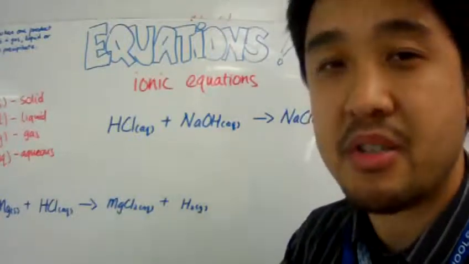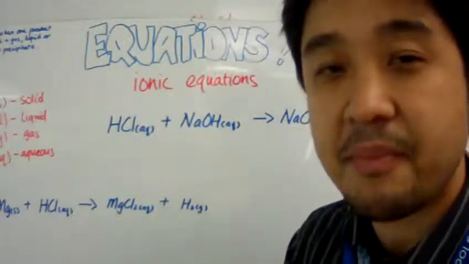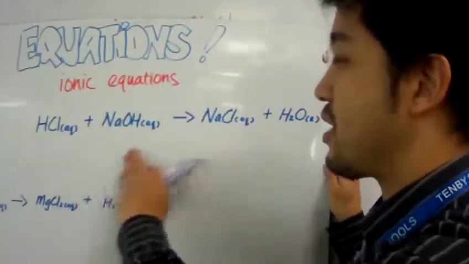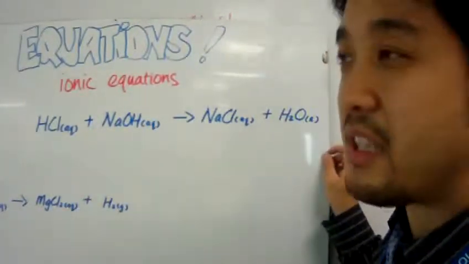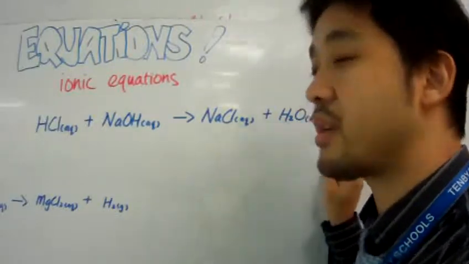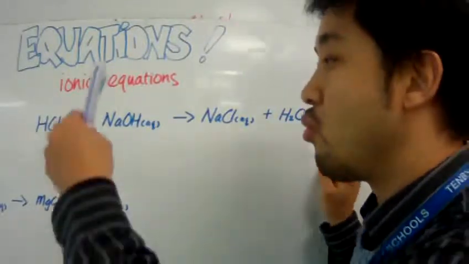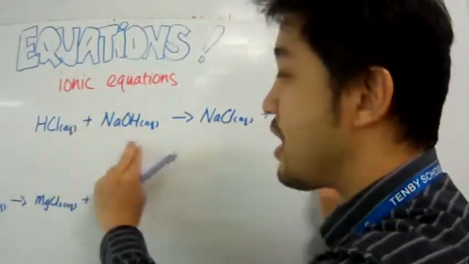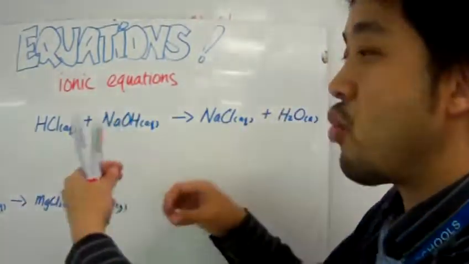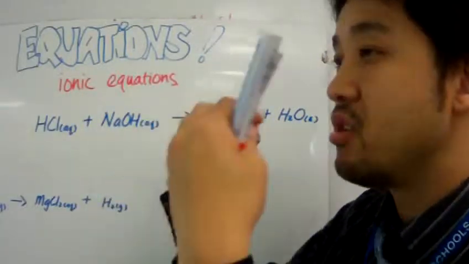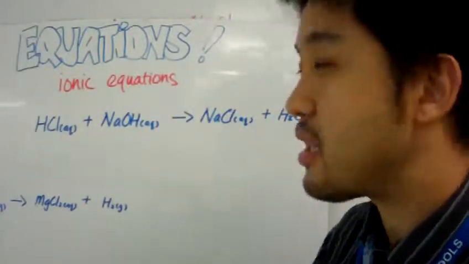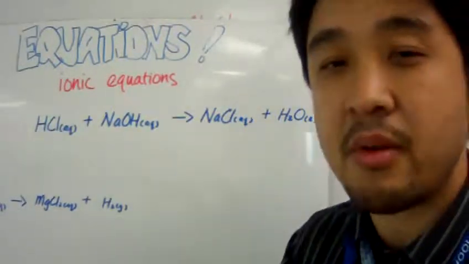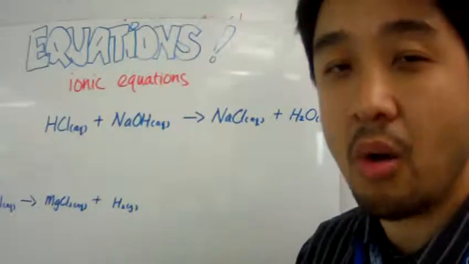What is the purpose of writing ionic equations? Well, if you look at an equation like this, it may be a little difficult to determine which of the substances within the reactants actually underwent chemical change during the course of the reaction. Because not everything in here will undergo change. Some of it will just remain as it is.